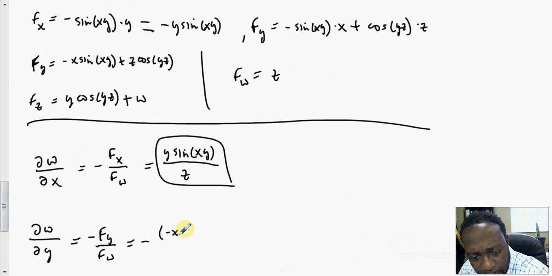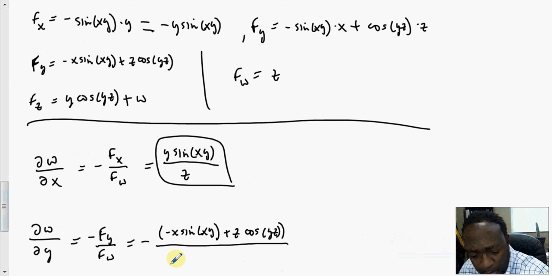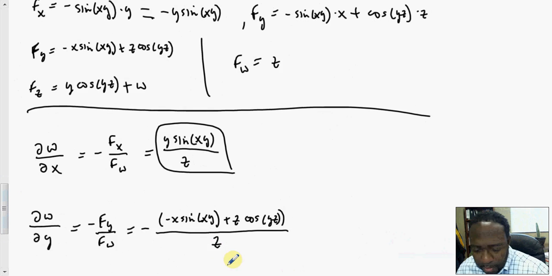Negative x sine of xy plus z cosine yz, and that's all over F sub w. And that's z. So we clean that up.